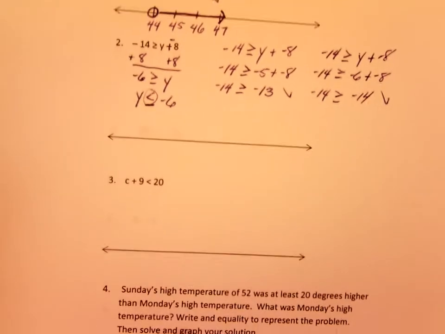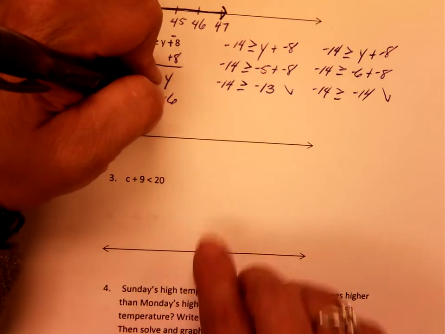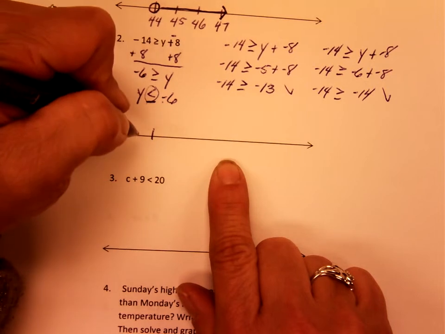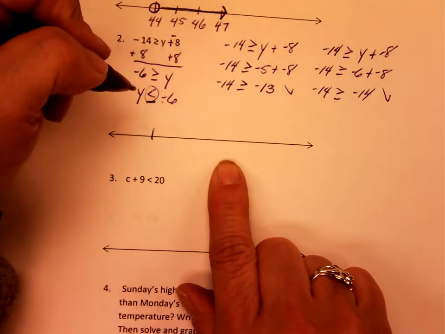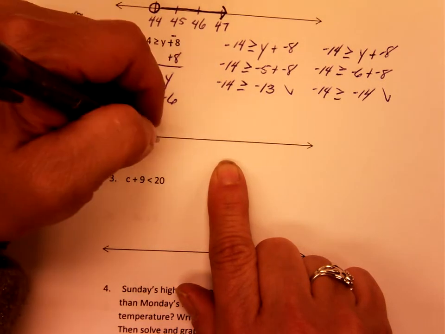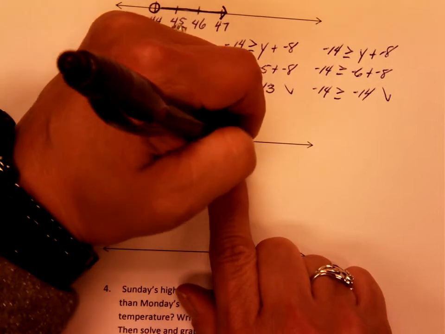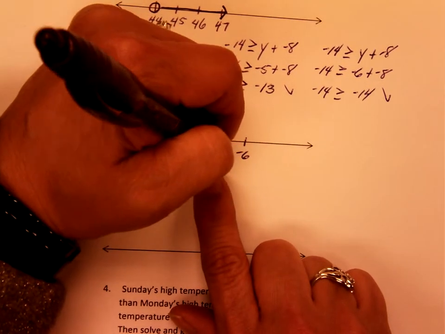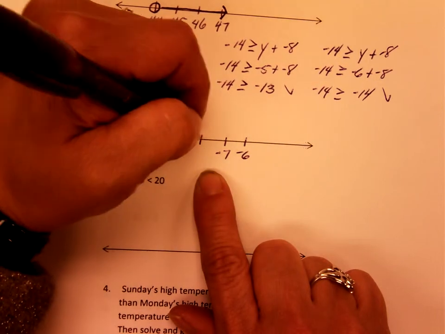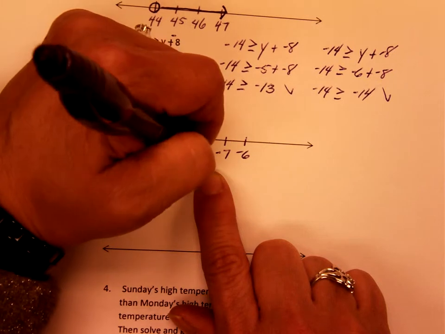To graph it, y is less than or equal to negative 6. Here's negative 6. You have to think of numbers that are less than negative 6: negative 6, negative 7, negative 8.